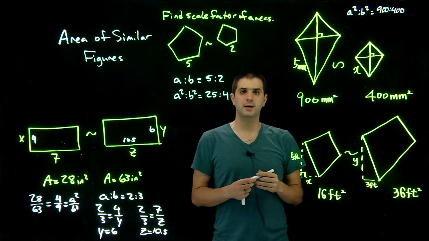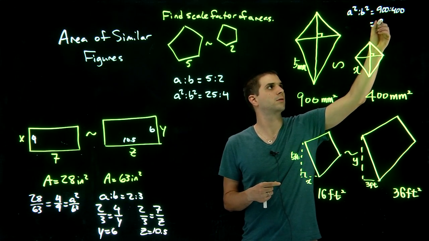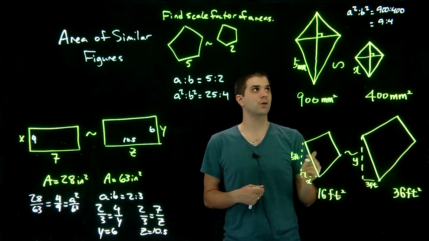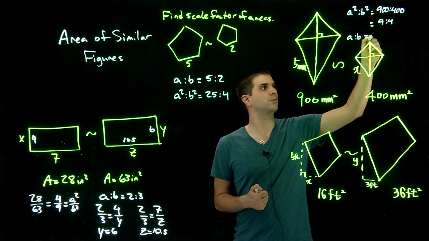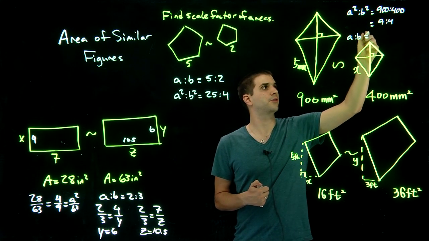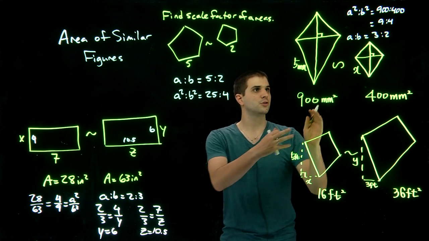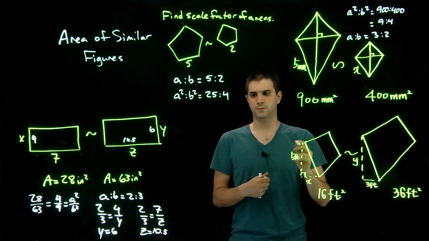Of course, we can reduce these fractions. We can reduce this to 9 to 4. So if a squared to b squared is 9 to 4, then a to b equals 3 to 2, right?